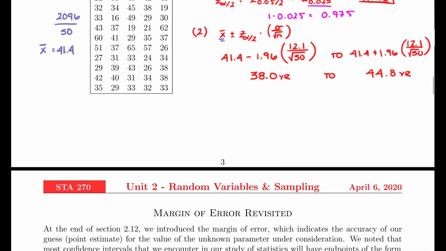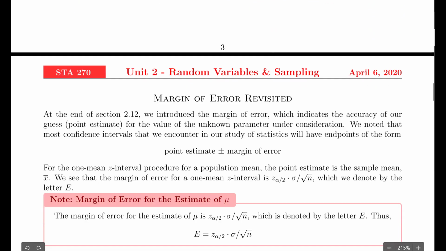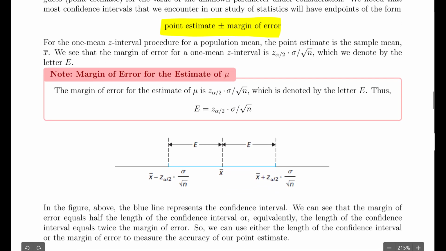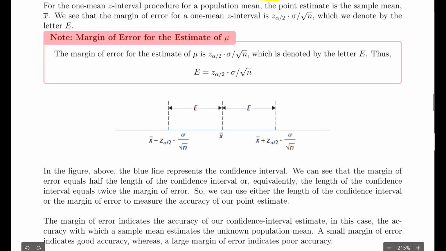Then when we move on, we are going to talk about margin of error a little bit more. That's something we've discussed previously. Remember, our confidence interval is the point estimate plus or minus the margin of error. And here we have a visual representation, but the way we calculate the margin of error is z sub alpha over 2 times sigma over the square root of n.